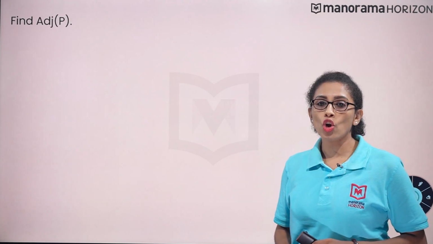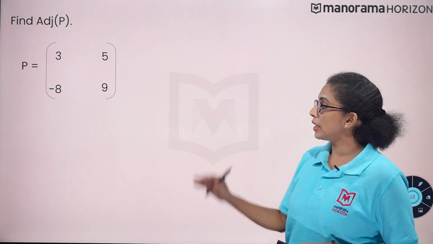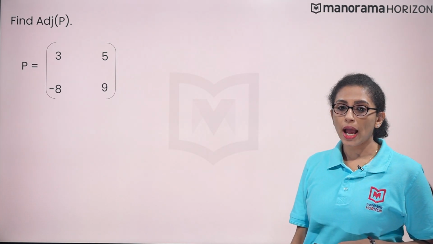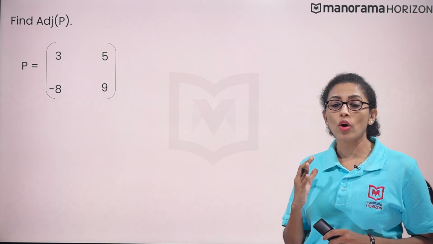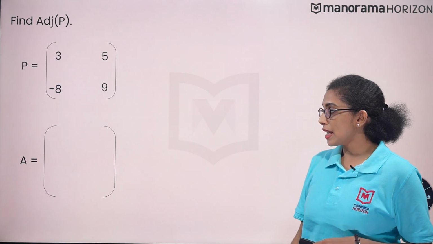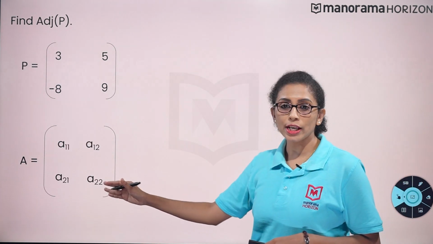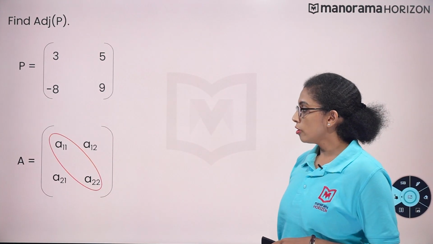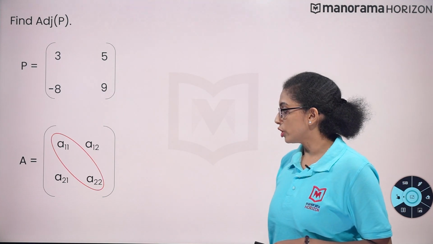Now, find the adjoint of P for the matrix P is equal to matrix 3, 5, minus 8, 9. Now, there is a simple trick to find the adjoint for a 2 by 2 matrix. For example, matrix A is equal to A11, A12, A21, A22. So first take the elements A11, A22.